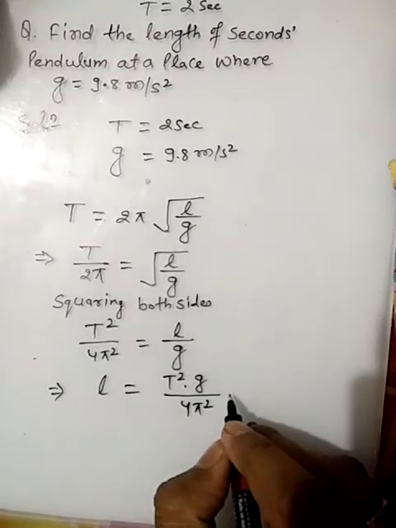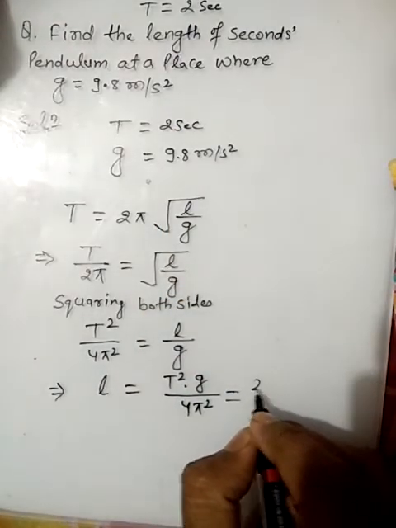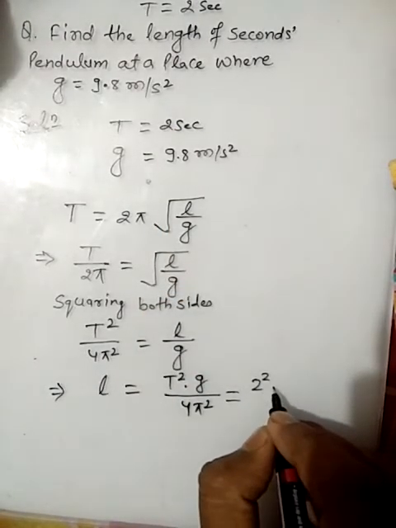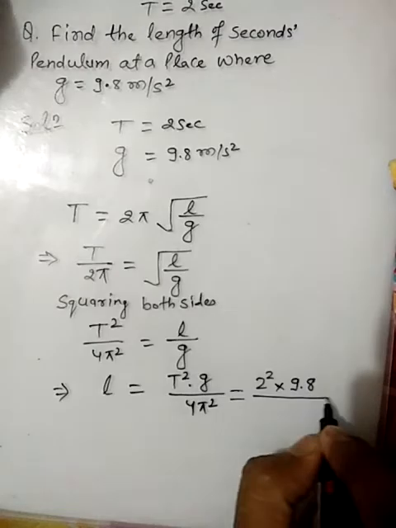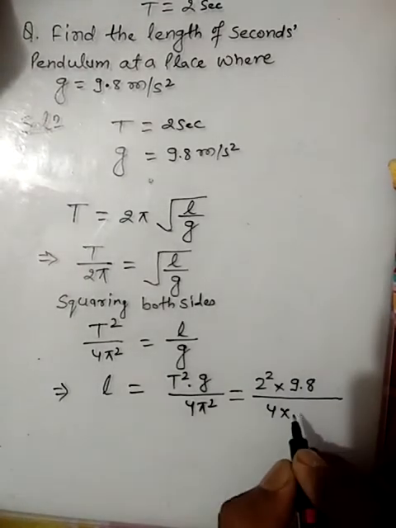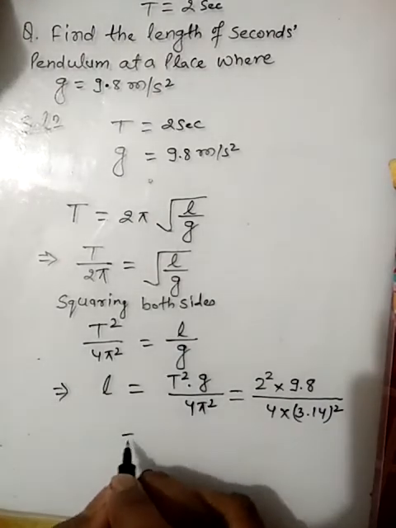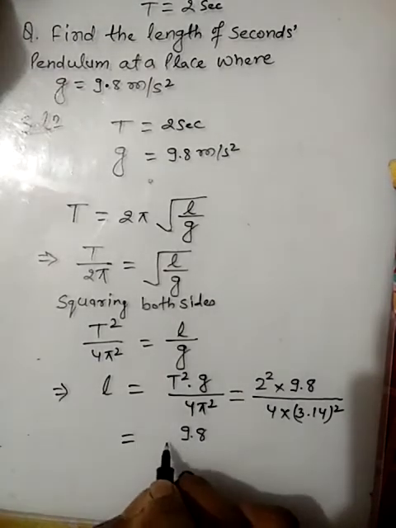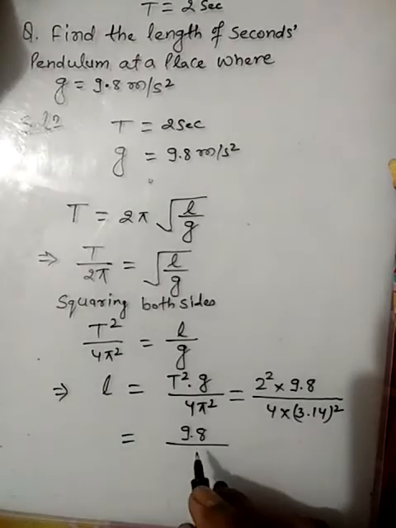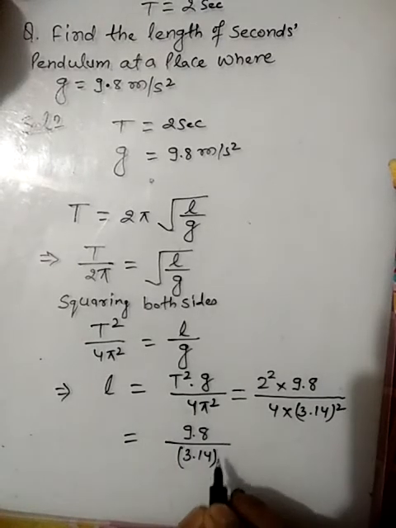Now putting respective values in this equation, T is given as 2 seconds, then 2 square into g, which is 9.8, upon 4 into pi 3.14 square. 2 square is 4, 4 and 4 get cancelled, then it will be written as 9.8 upon 3.14 whole square.